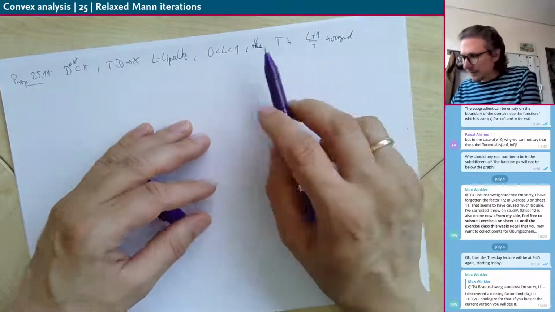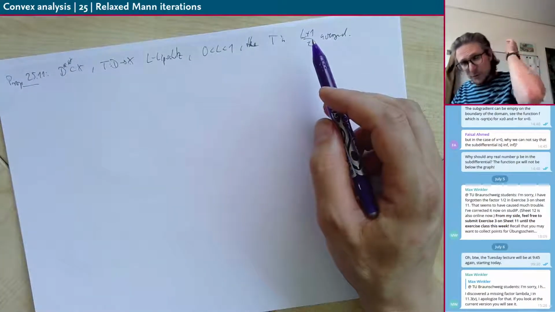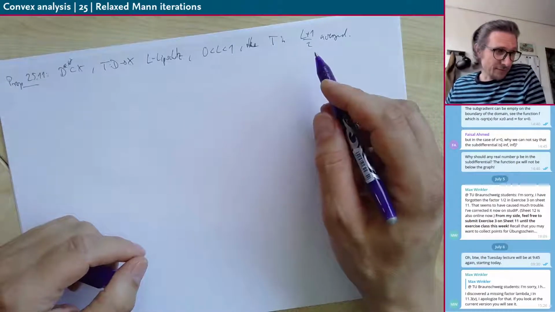And note that if L is smaller than 1, then (L plus 1) over 2 is again smaller than 1.